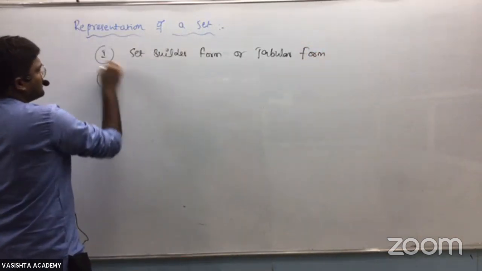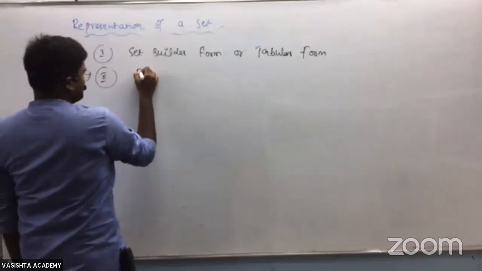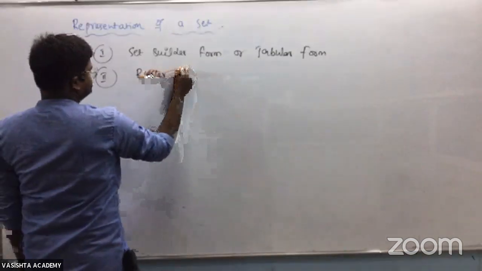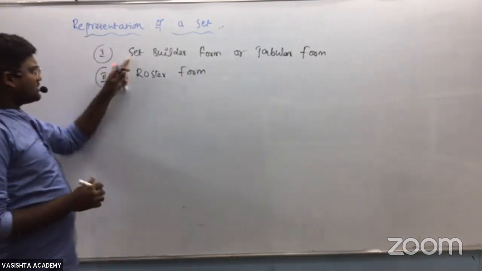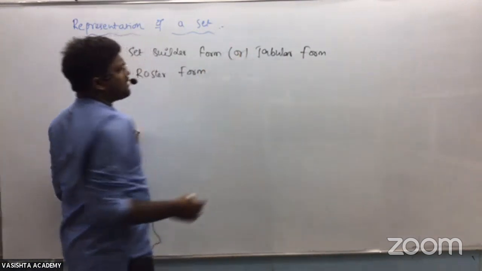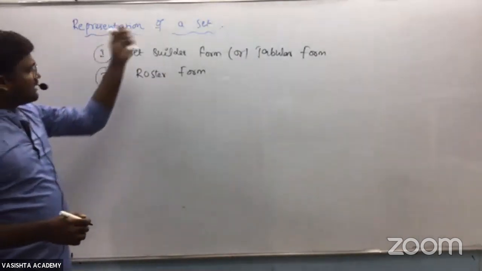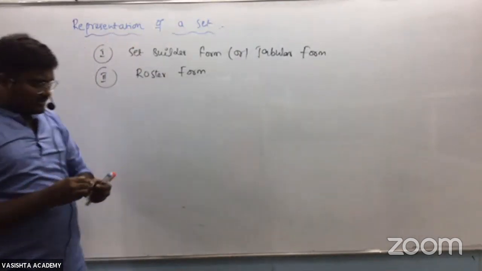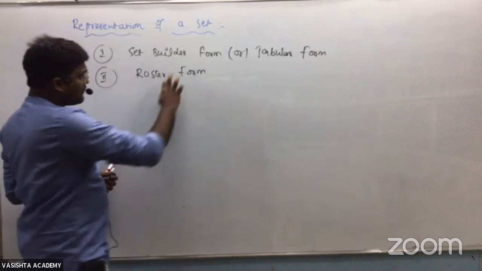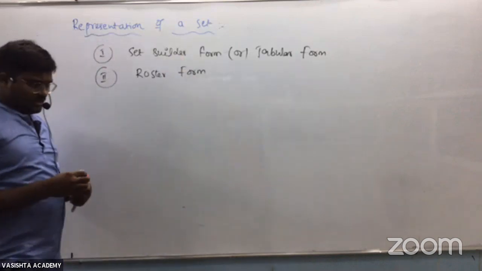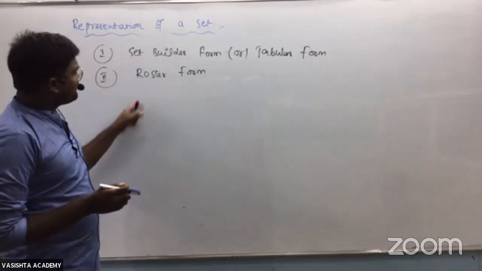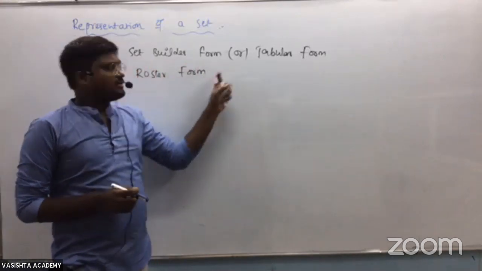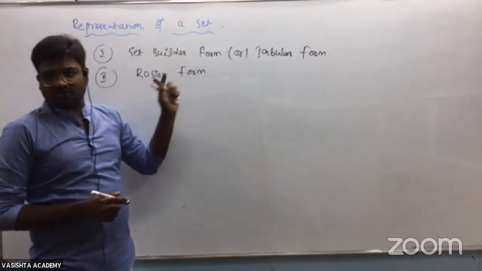Now the second representation is roster form. Okay. So these are the two methods by which we can represent any set. Now let us try to understand what is the meaning of these two methods. In fact, how to represent a set using set builder form as well as using roster form.